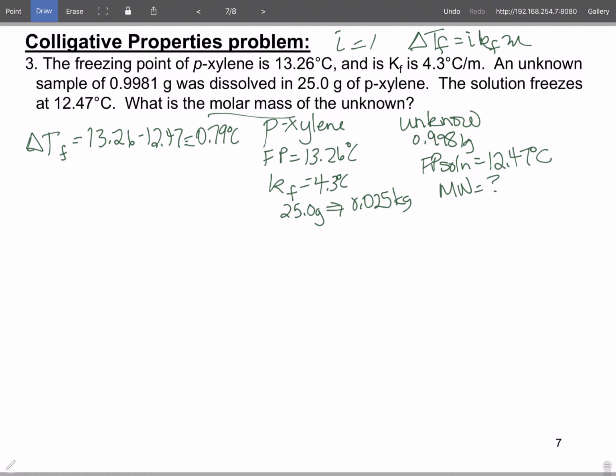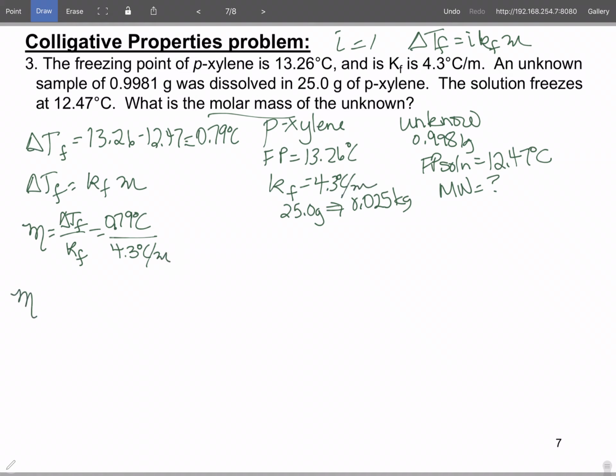So here we go. So delta T sub F is equal to K sub F times the molality. So the molality is going to be equal to delta T sub F over K sub F, which is equal to 0.79 degrees C divided by 4.3 degrees C per molal.